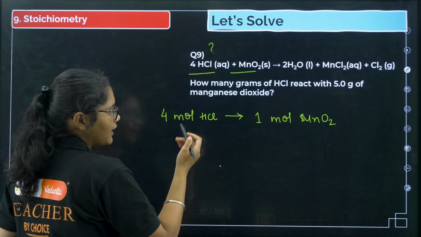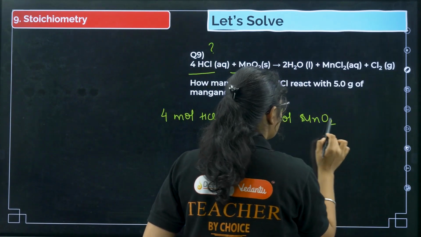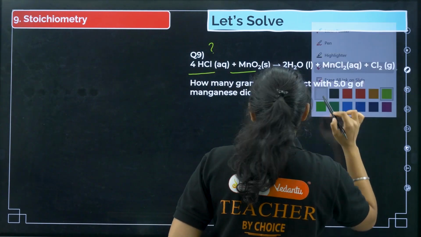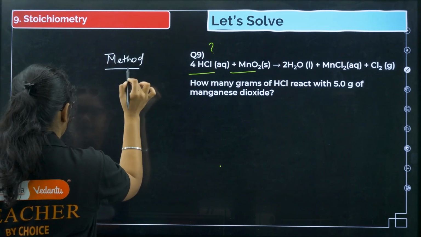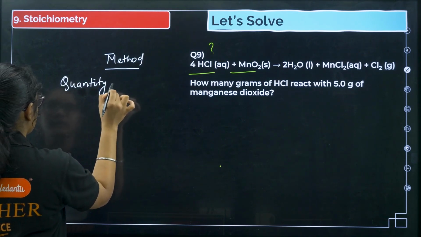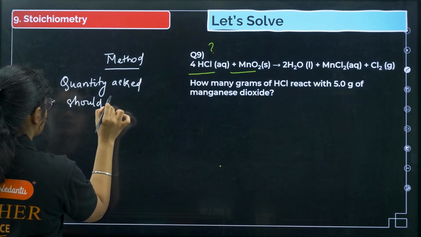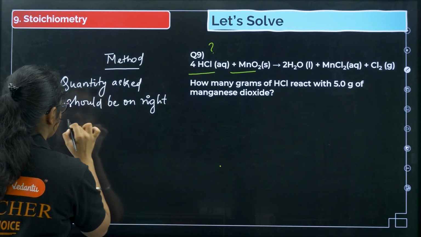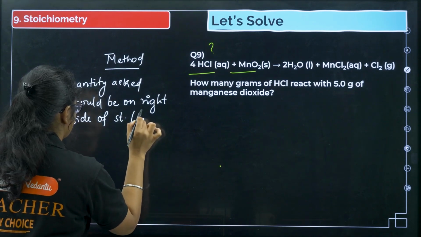Here also, one thing you should remember, one trick, or I can say the method which I feel is easy. I won't say this is a trick, but the one method which I follow is that the quantity asked should be on the right side of the statement or equation.